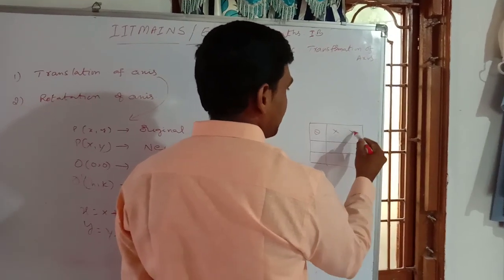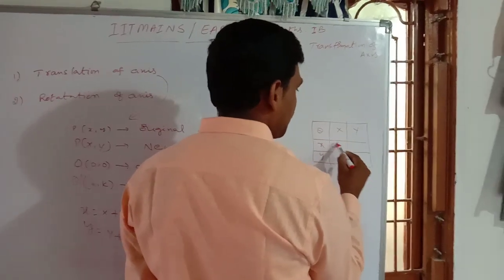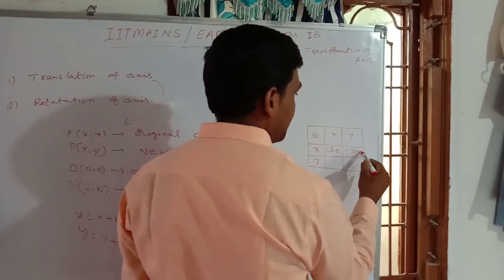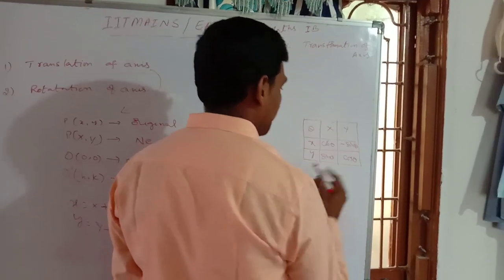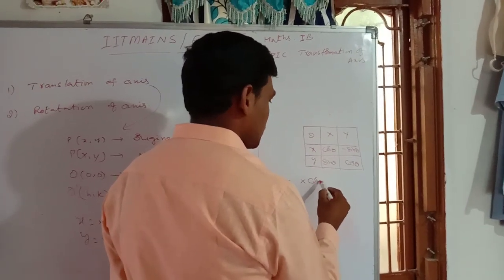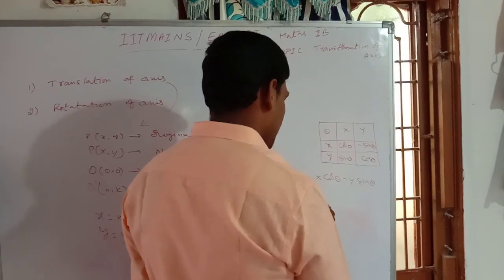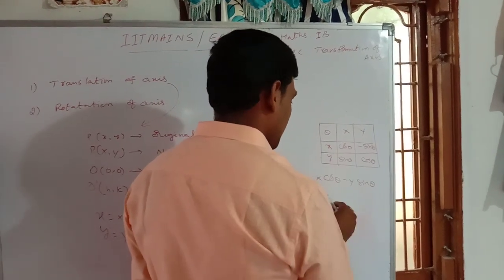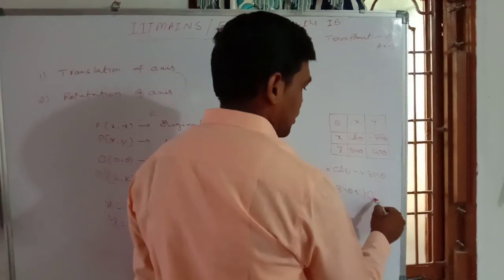Theta, capital X, capital Y, small x, small y, and this is cos theta, minus sin theta, sin theta, and cos theta. Small x is equal to capital X cos theta minus capital Y sin theta, and small y is equal to capital X sin theta plus capital Y cos theta, following the table.